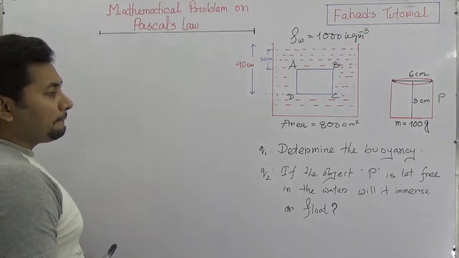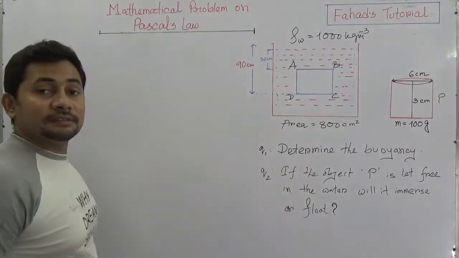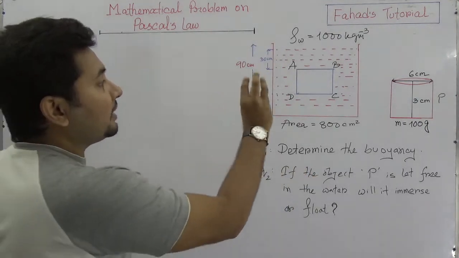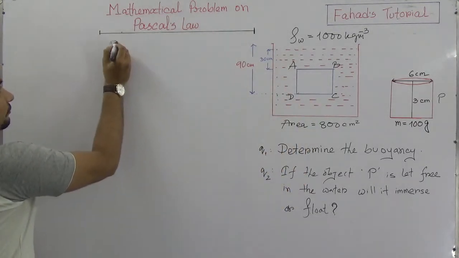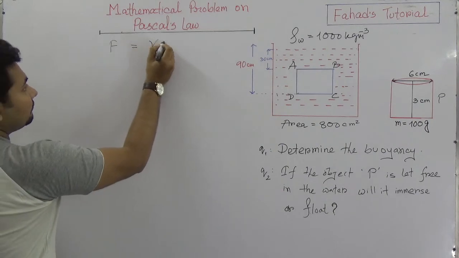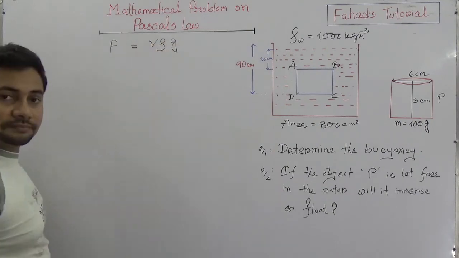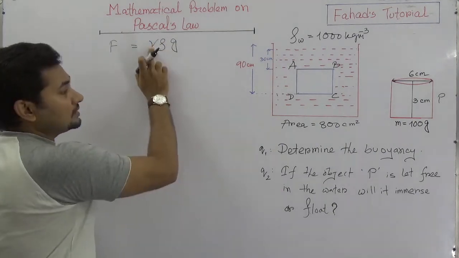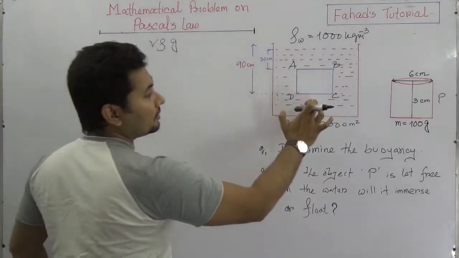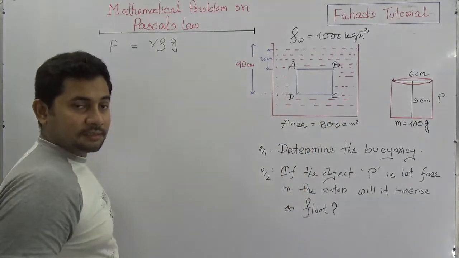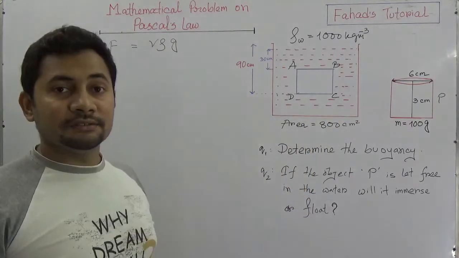Now we need to find out the buoyancy felt by this object. Buoyancy is a force, and we can say that it is V rho g. This V is the volume of this object, this rho is the density of this liquid, and this g is the acceleration due to gravity.